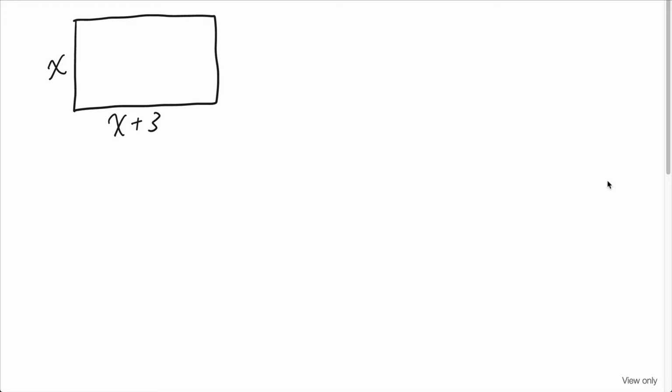And let's just say that the area here is, let's go with 72. See what that number does for us. So 72. So area is width times height. So x times x plus 3, which is equal to 72.